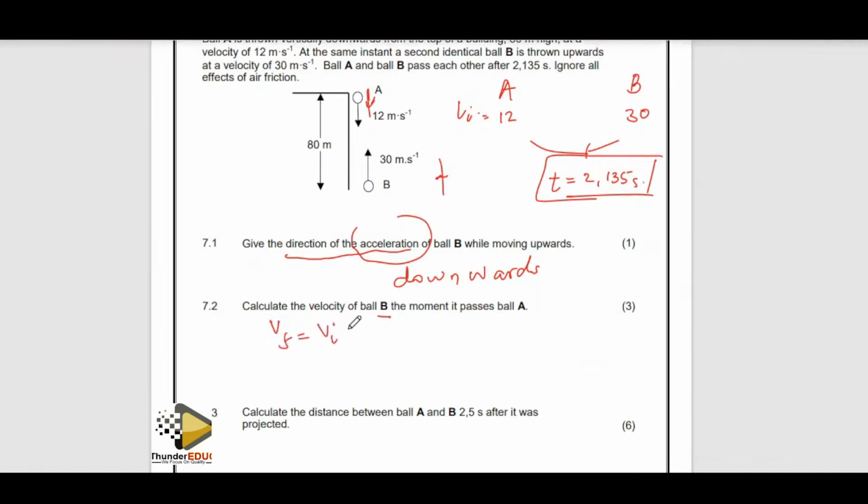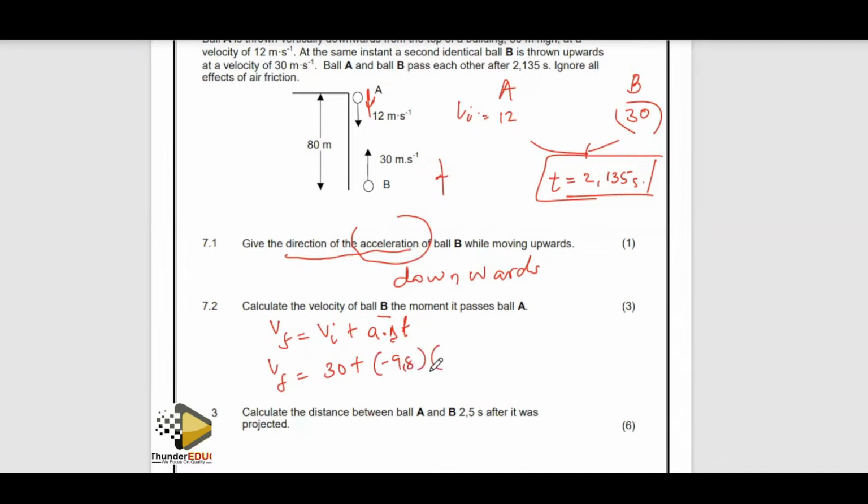So I'm gonna say V initial plus A times the delta T. Okay, so my initial was 12. Said calculate the velocity of B. Guys, I'm sorry. We're looking at ball B, which is 30, not 12, plus the 9.8, which is gonna be negative.